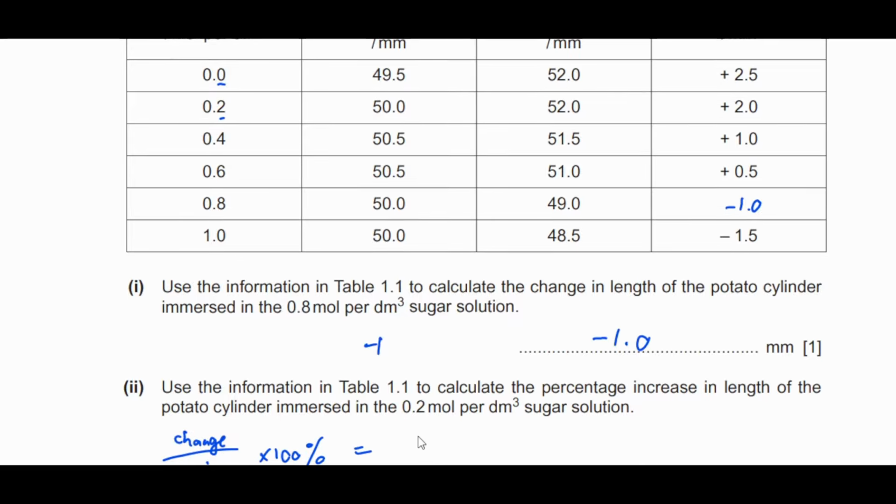So you put 2 over original, which is 50, right? So 2 out of 50 is equal to 0.04, which is equal to 4%. So the change will be 2 over 50 times 100%, which is 0.04 in fractions times 100%, you get 4%. So the answer will be 4.